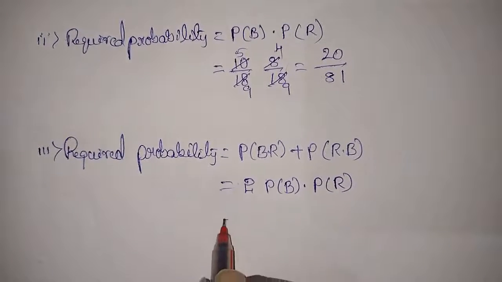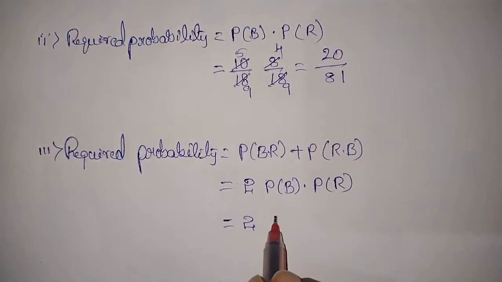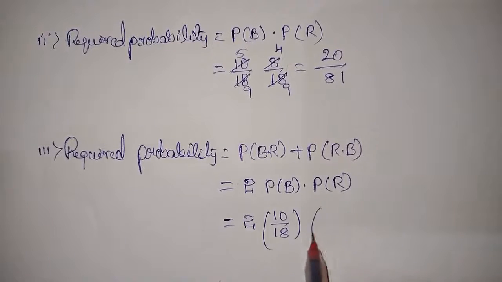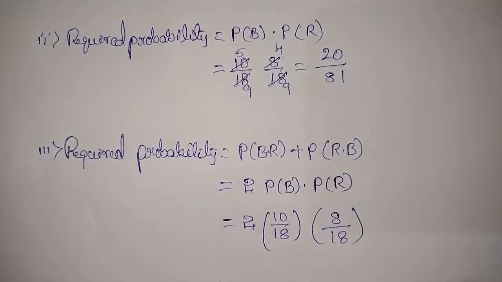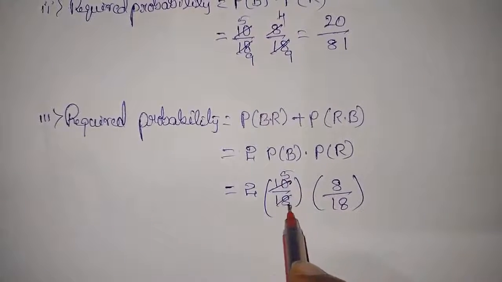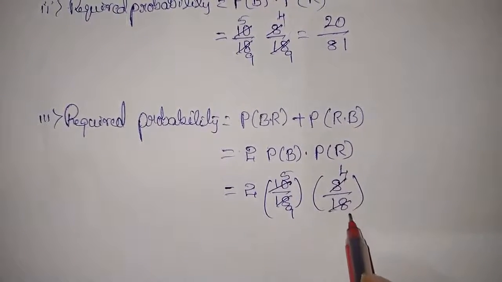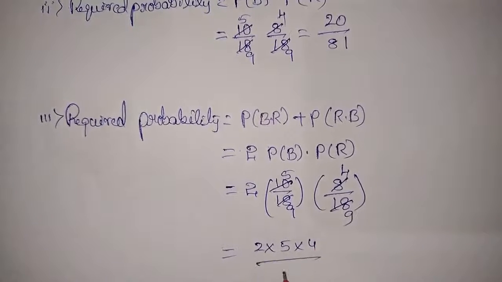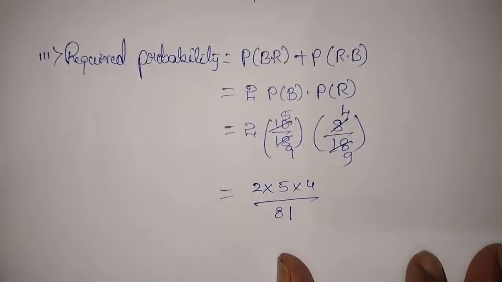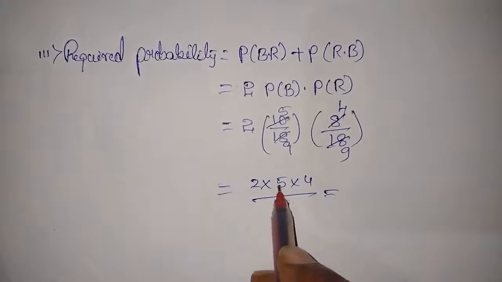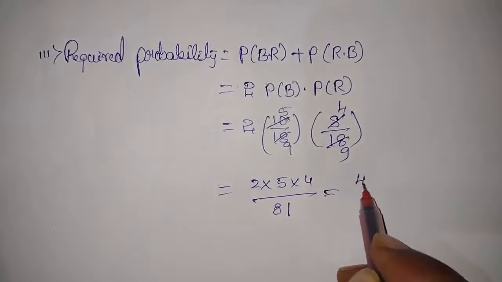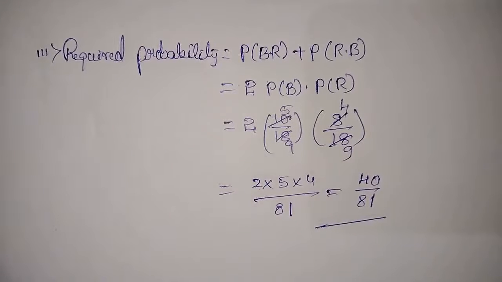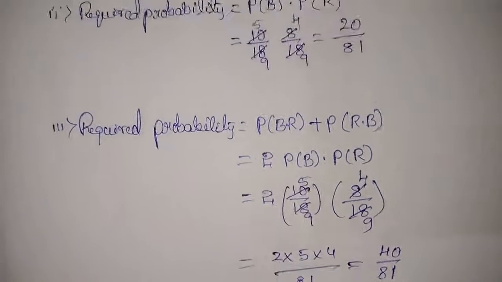The solution is 2 times 10 by 18 into 8 by 18, which is 2 into 5 into 4 divided by 81, that is 40 divided by 81. So this is the required solution for the question.